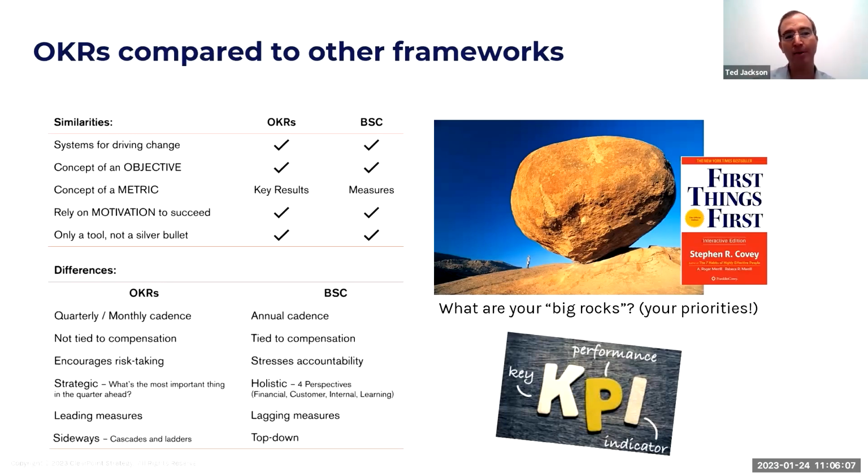But in a common world, what should be more comforting is that we do have this common concept of objectives. What are we trying to accomplish? Measures, whether we call them key results or measures or KPIs, are used to tell whether we're achieving those objectives or not. Of course, you may also have initiatives or projects, things like that, in these frameworks as well.